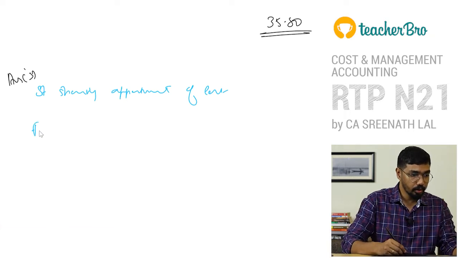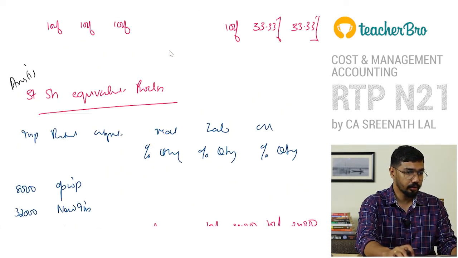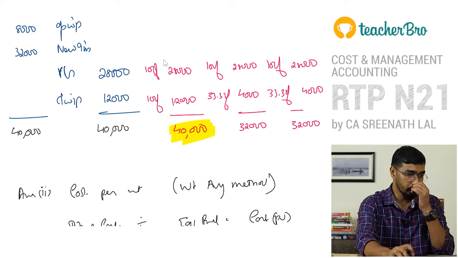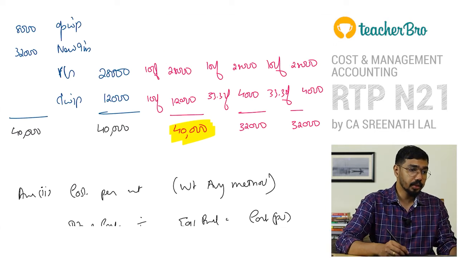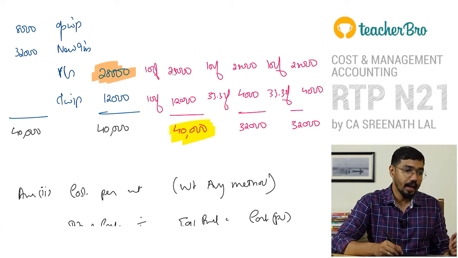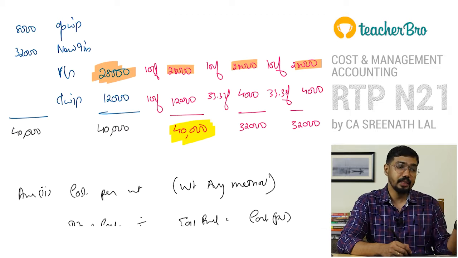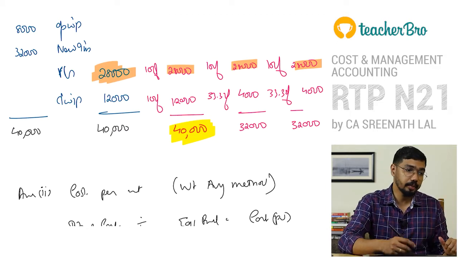In this case I have finished goods and closing WAP, so I am going to value them. So first I am going to value finished goods. How many units are there? 28,000 units are there. 28,000 is the finished units, and it is 100% complete in all aspects. Material, labor, overhead, everything 100% complete.